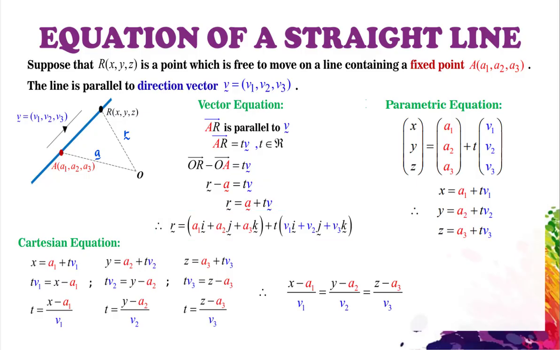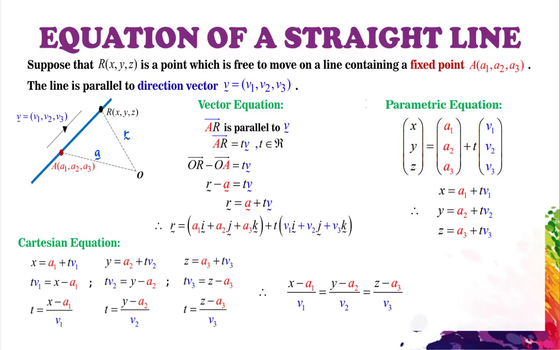For the vector equation, you have to give the final answer in terms of direction components. Next, for parametric equation, we change the vector equation into column matrix form. Then we separate according to direction component. So we're going to have x equal to a1 plus tv1, y equal to a2 plus tv2, z equal to a3 plus tv3.